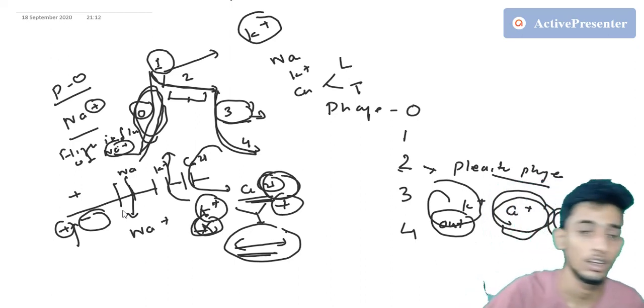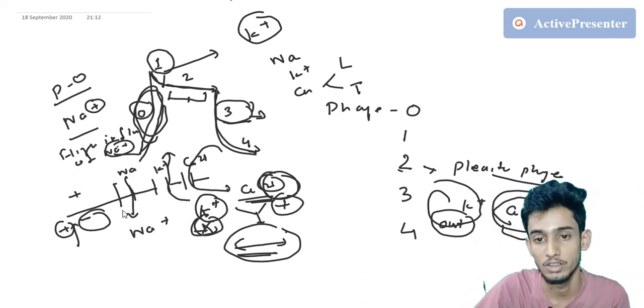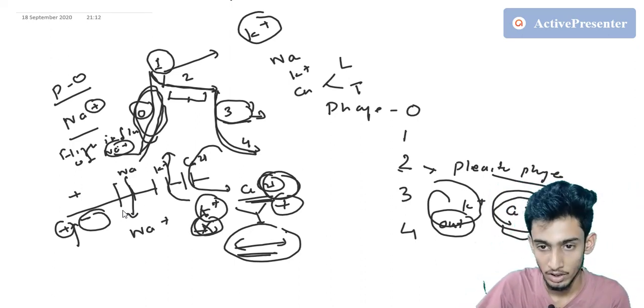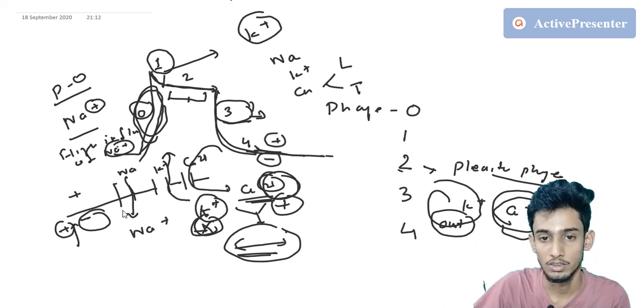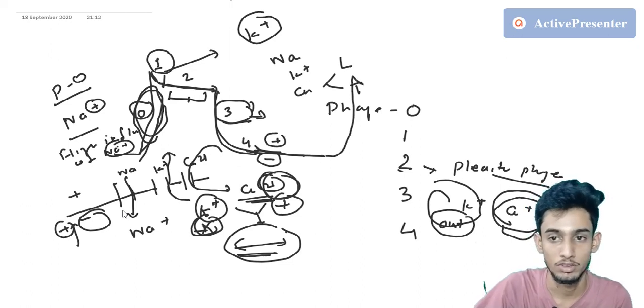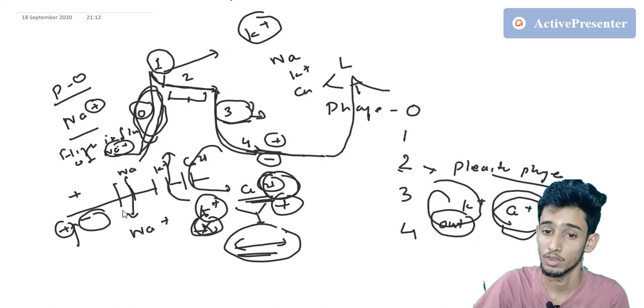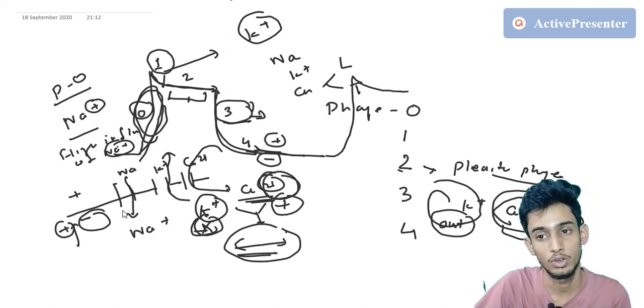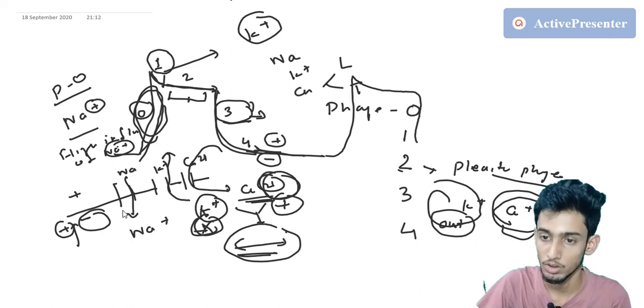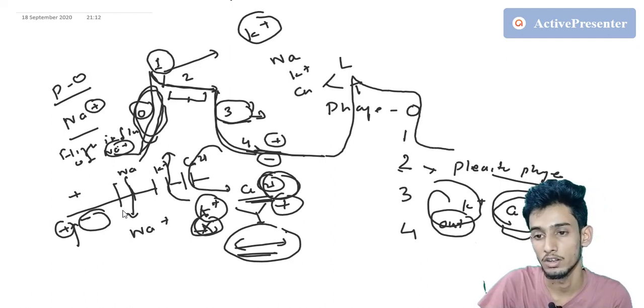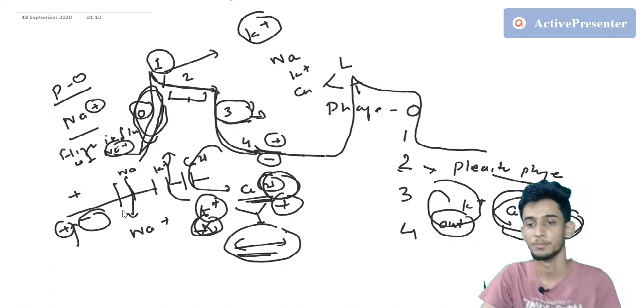This is the depolarizing phase, this is the repolarizing phase, and it goes to phase 4, which is the normal resting membrane potential, inside negative, outside positive. And again the cell moves, sodium in, potassium out, calcium starts to come in, potassium keeps going, and now the two channels close, and ultimately they come into the resting phase again.